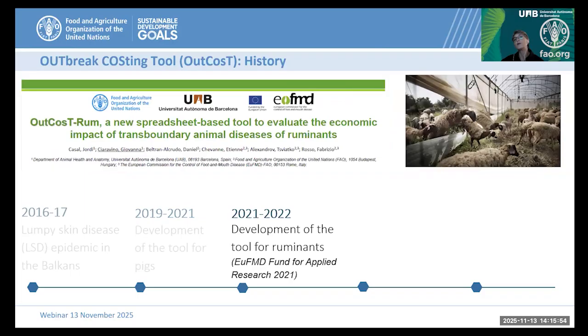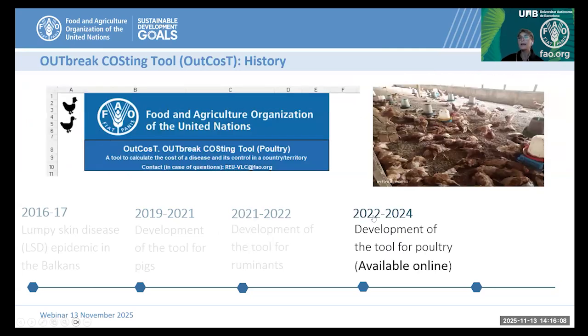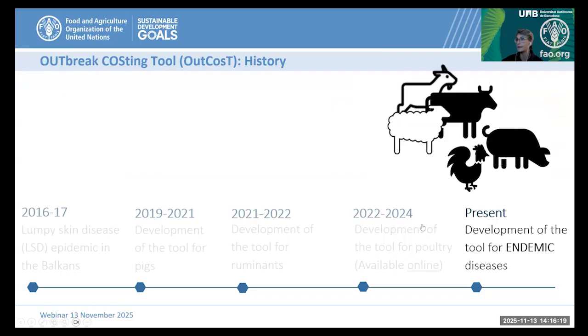Later on, in 2022, it was adapted to ruminant disease with the collaboration of the EU FMD, with their call for funds applied to the research. And then recently in 2024, we published the version of the tool adapted to poultry disease that, as I mentioned, is also available online. At present, we are working on the development of a module that can be applied to estimate the economic cost of control in endemic settings.